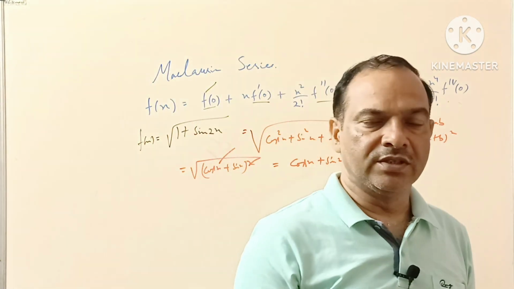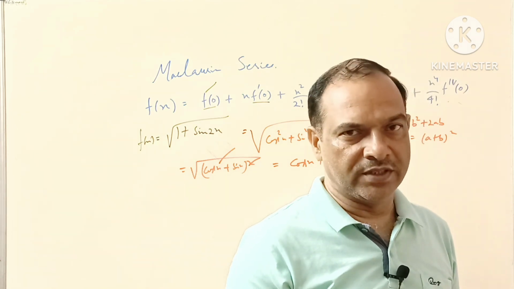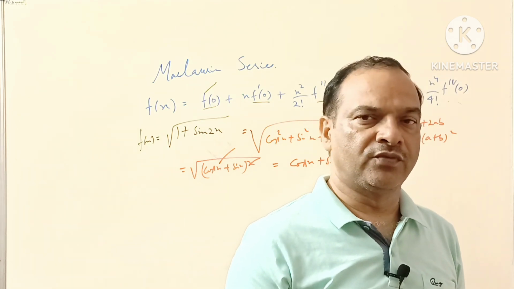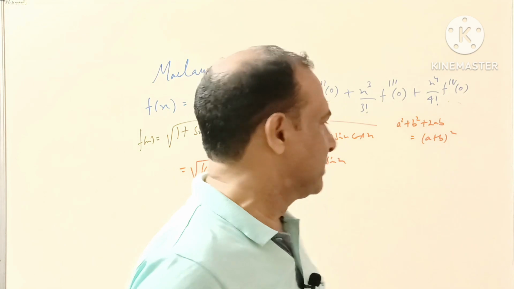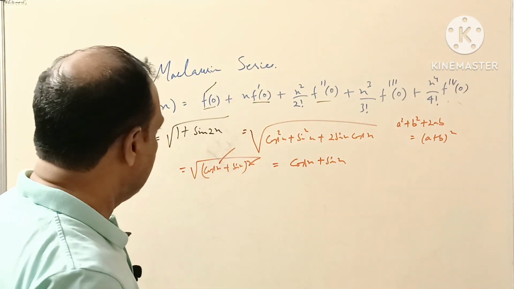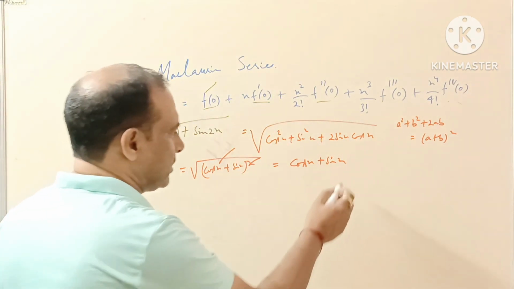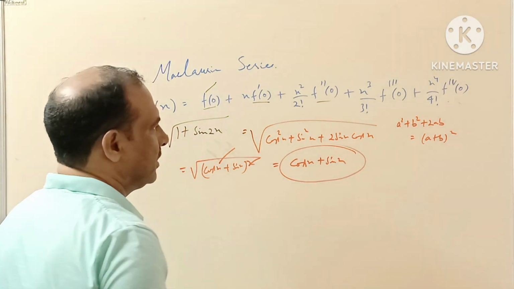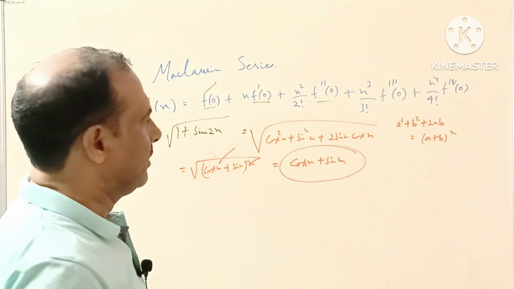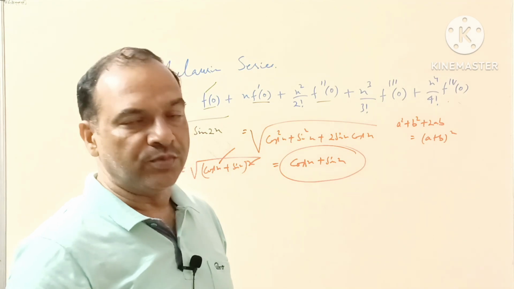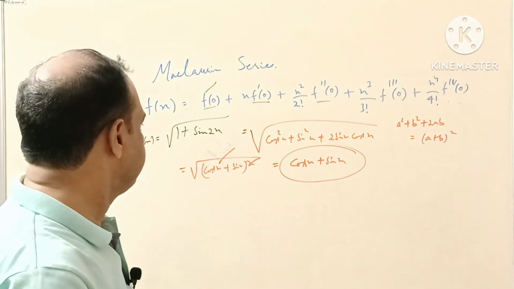You are having the function f(x) equal to under root 1 plus sin 2x, which you have already converted into the form of f(x) equal to cos x plus sin x. Now what we have to do? We have to convert this into a polynomial with the help of the Maclaurin series up to the 4th order. Clear?